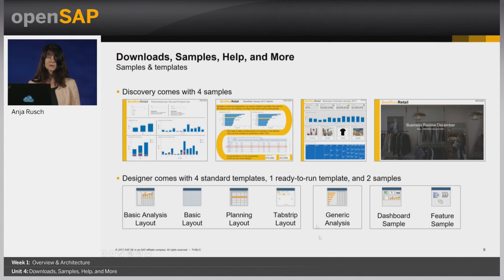We have as well here one ready to run generic analysis template. You can just run it, include your data, and will have a template or will have an application you can work with. And in the latest version, we as well added here 2 samples, a dashboard sample and a feature sample.